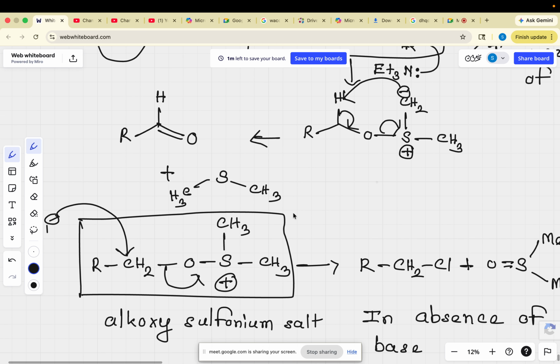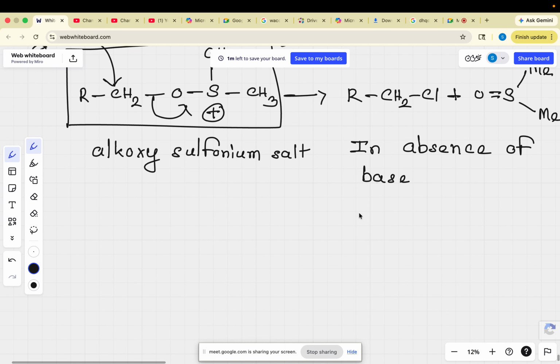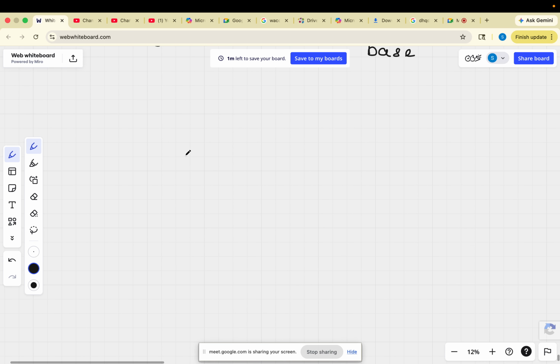This intermediate and this intermediate are the same, so this is known as your alkoxy sulfonium salt. Done? Done, sir. Okay.